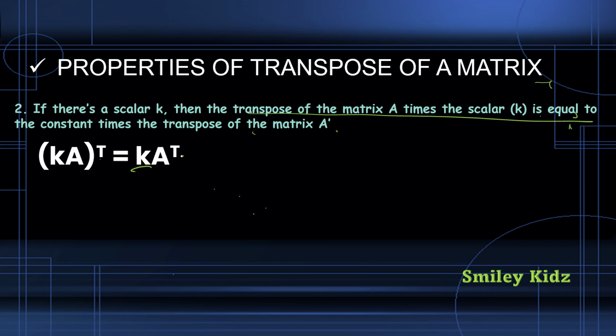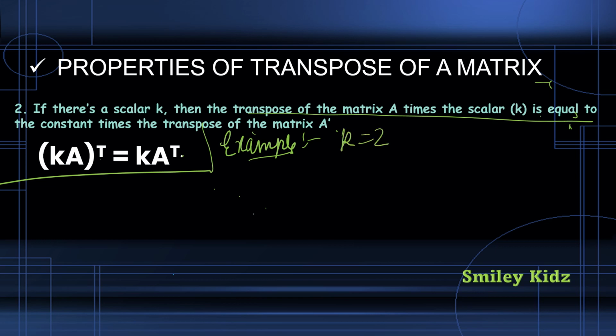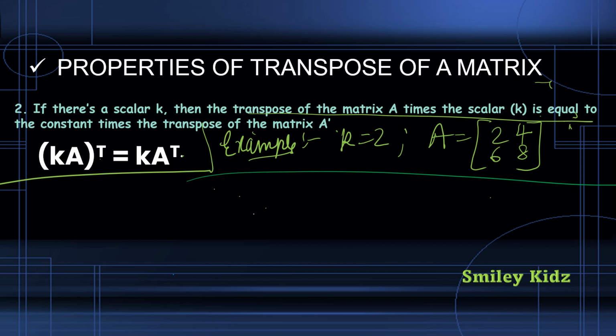Let's verify this. I know it's very confusing, so let's understand this by an example. Let's take K as 2 and the matrix as 2, 4, 6, 8. Now let's put this given data aside and substitute (KA) transpose.